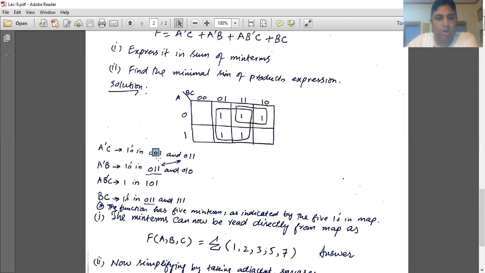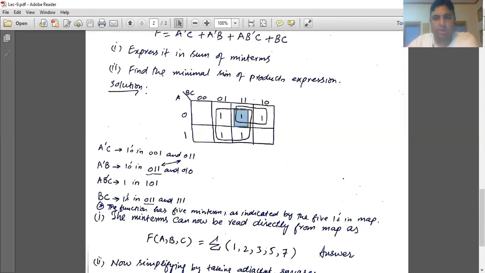We first take b as 0, then a is 0, c is 1, and then we take b as 1. So two possible combinations, 0 0 1 and 0 1 1, and we put 1s in both cases.